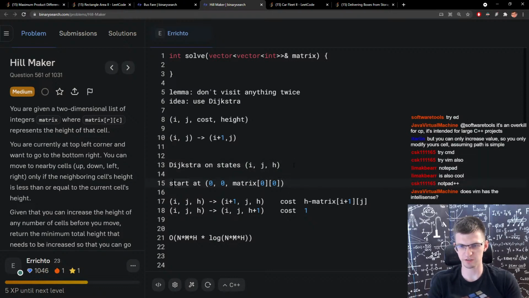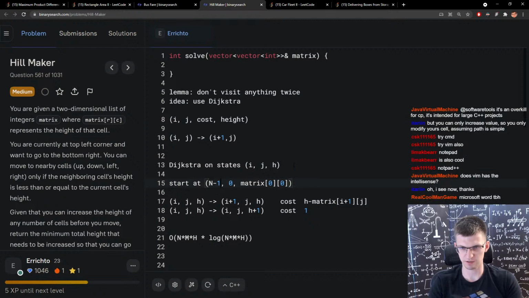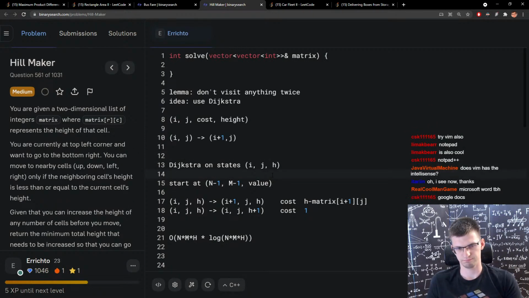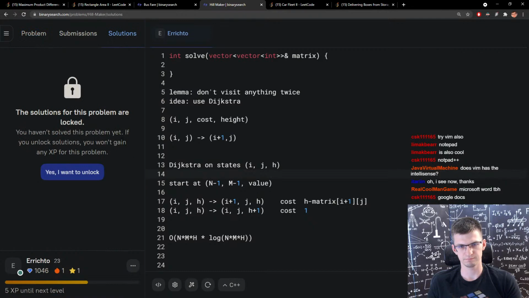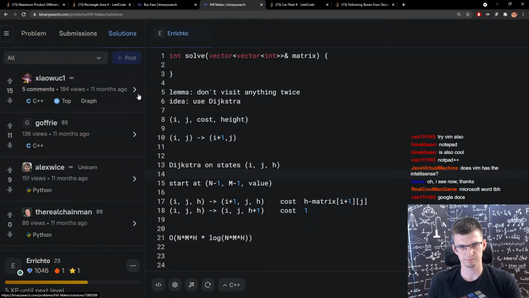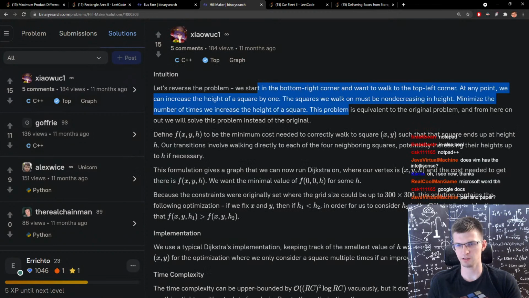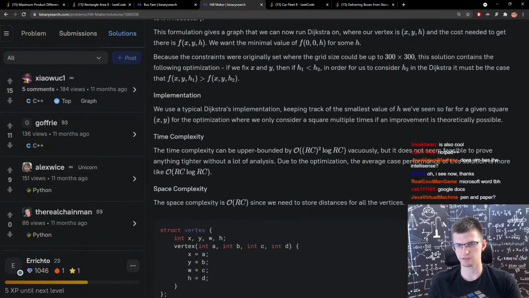So start actually should be at n minus 1, n minus 1, and the value there. Starting bottom right. Okay. Dijkstra on those states.